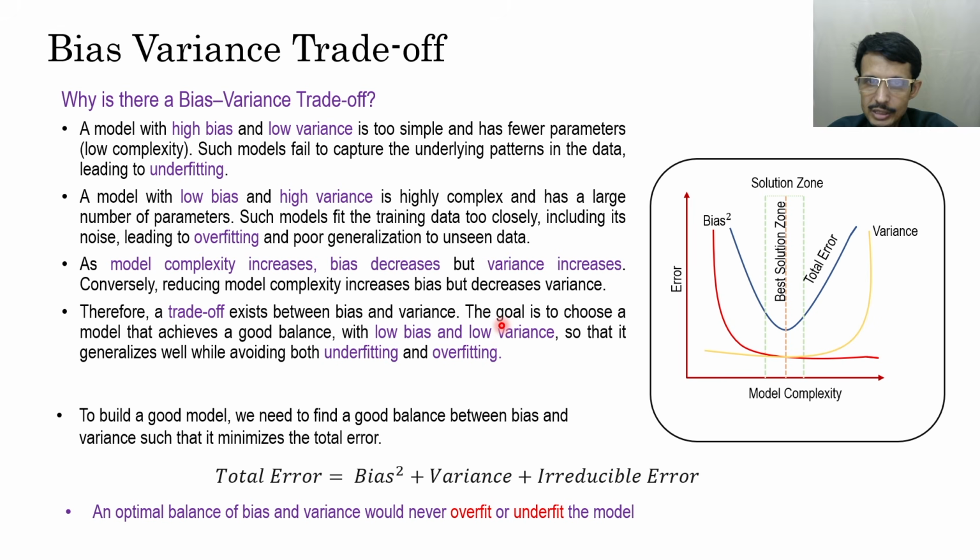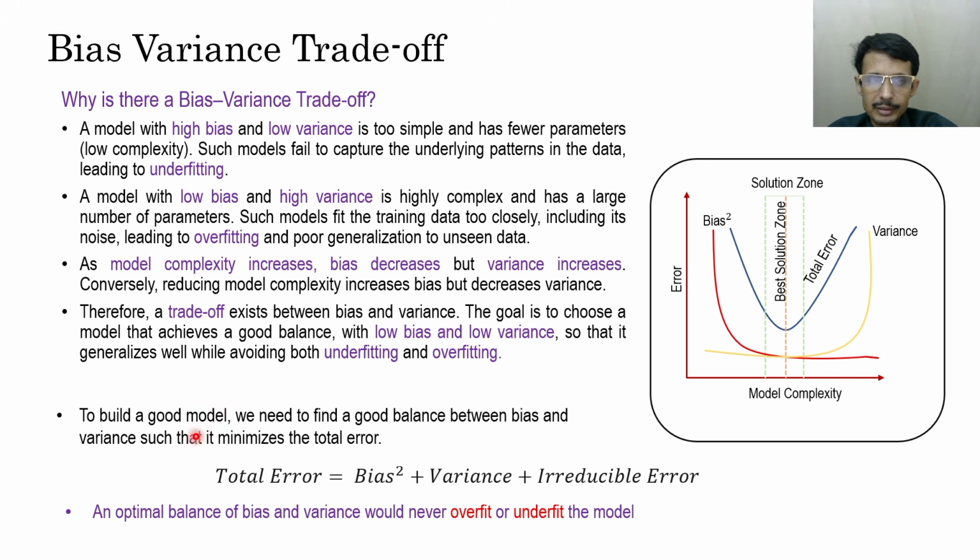So how do we choose bias and variance? The objective is to choose a model that achieves a good balance, shown here with low bias and low variance, so that it generalizes well, avoiding overfitting. These statements are very understandable from this figure.